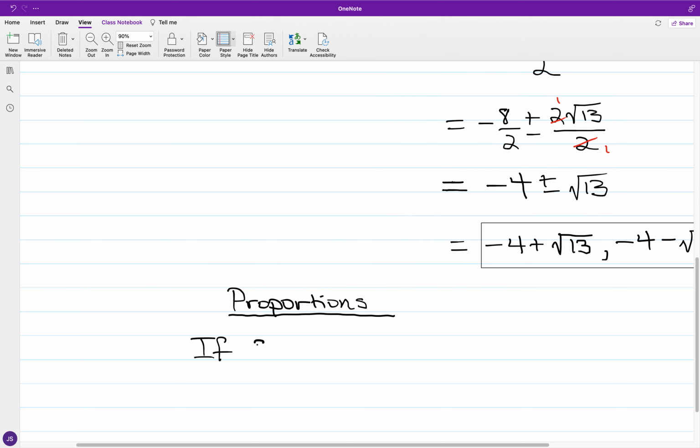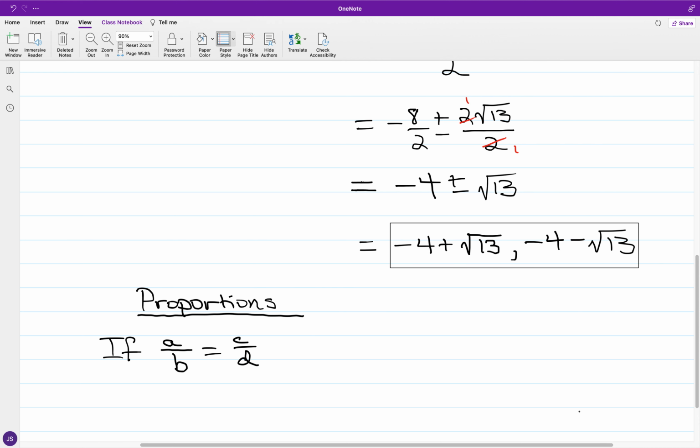And you can have a proportion, say that if A over B is equal to C over D, then you'll have an equality between what would be regarded as proportional cross products. What I mean by this, you're looking at multiplying alternating numerators and denominators.